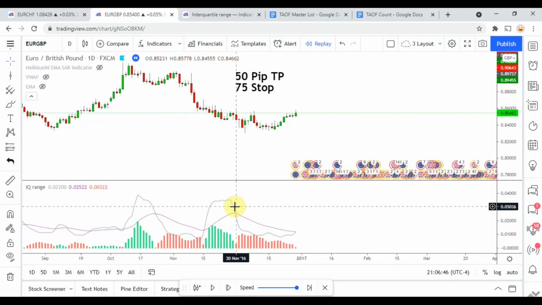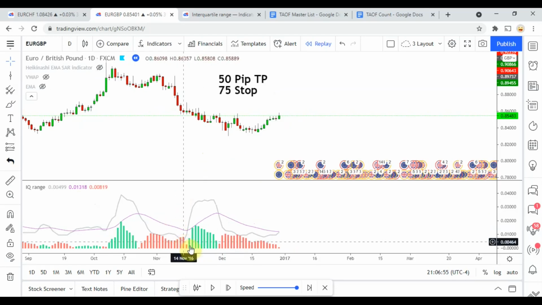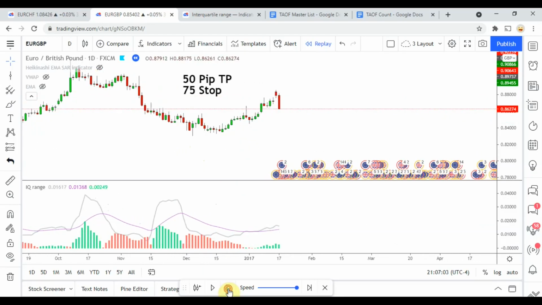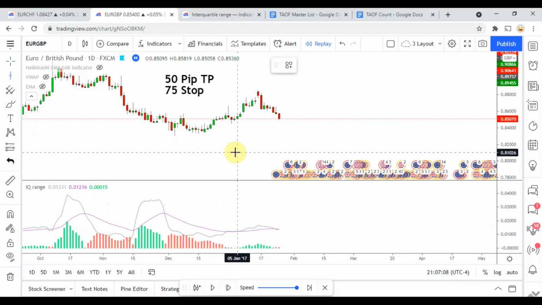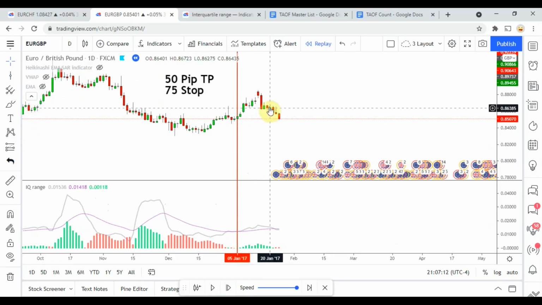When the faster of the two lines is below the slower one, it gives the red histogram bars here. And so the setup on this is relatively easy. When we get green histogram bars, we're going to go long. When we get red histogram bars, we're going to go short. So pretty simple setup. All right, looks like over here, right there, we pick up our first signal.